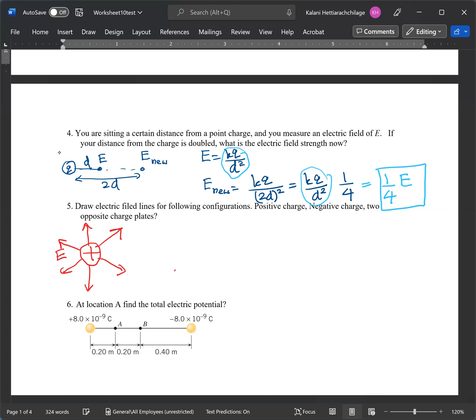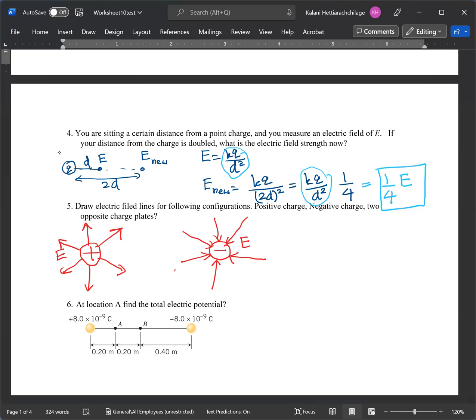That's for the positive charge, right? And then for the negative charge, the electric field lines come towards the negative charge. This arrow is important because it is a vector, and that's the electric field line for the negative charge.